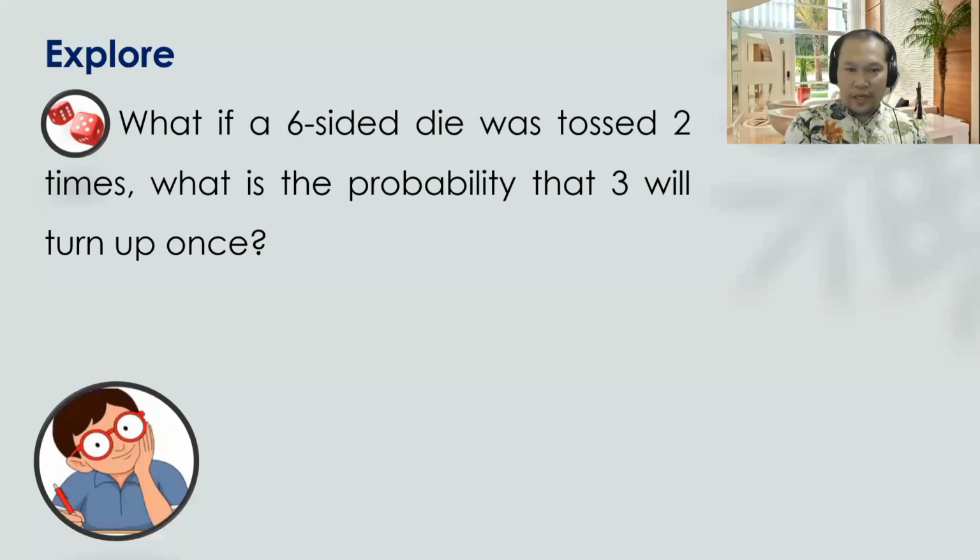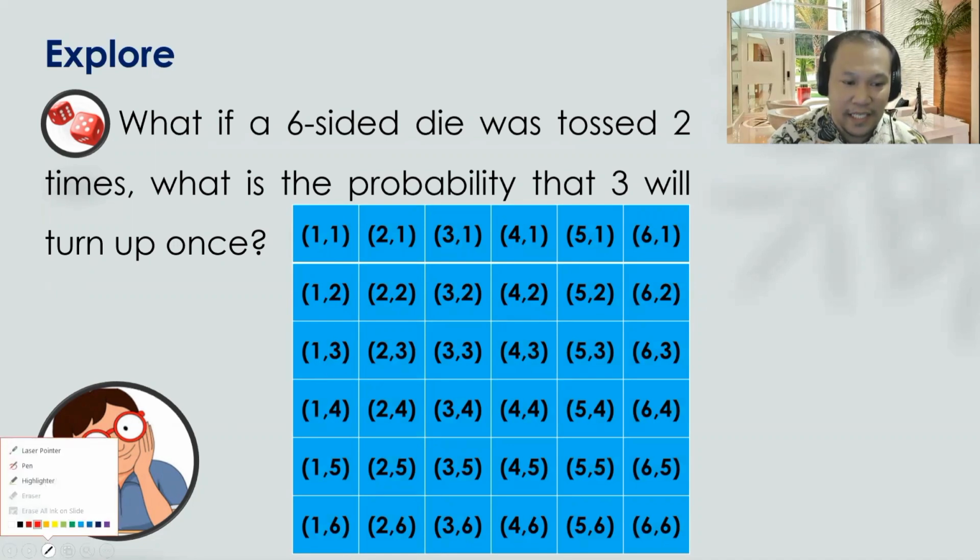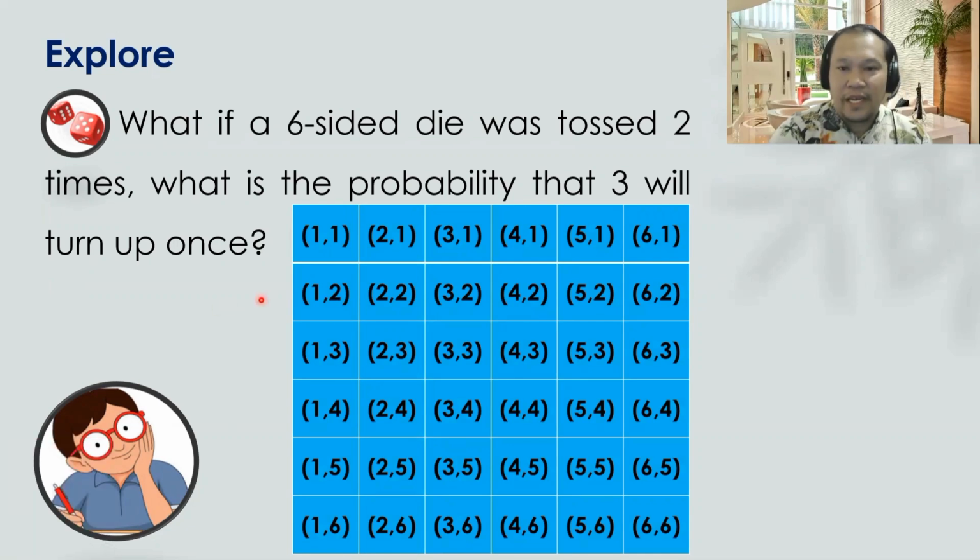To answer this problem, let us first provide our sample space, or the list of possible outcomes. We have 1,1, 1,2, 1,3, 1,4, up to 6,6. But in the given problem, we are just interested in the probability that 3 will turn up once.